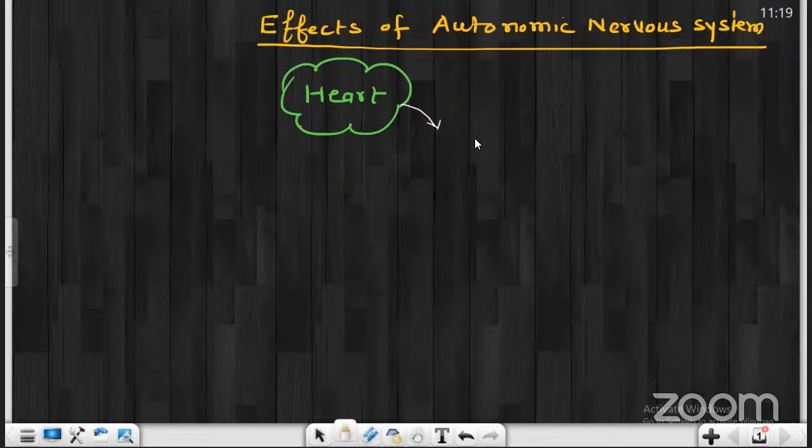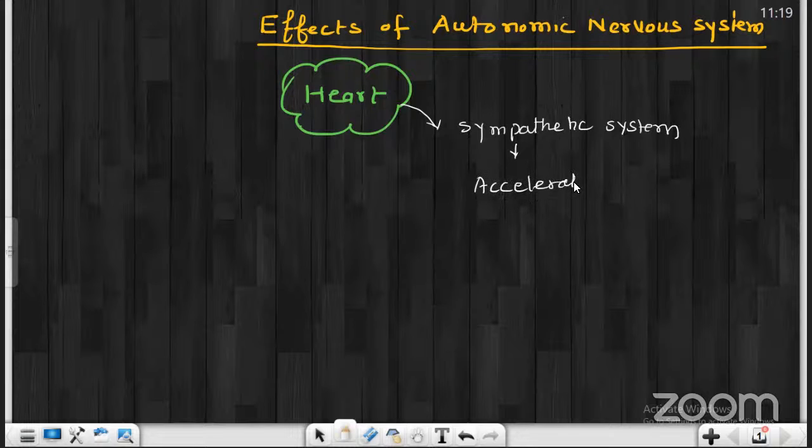Heart: if the sympathetic nervous system is working on it, meaning impulses coming from the sympathetic, they will accelerate the heartbeat. The heartbeat will increase, and if parasympathetic, then the heartbeat will decrease. So we can write: sympathetic system accelerates heartbeat.